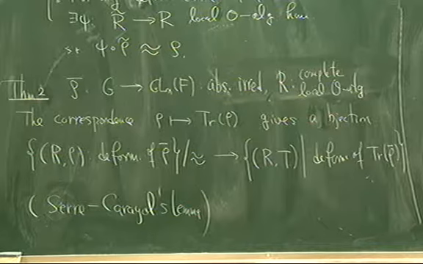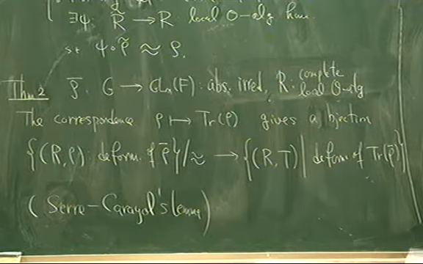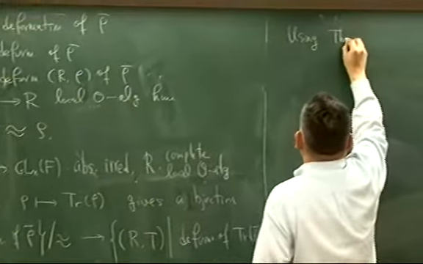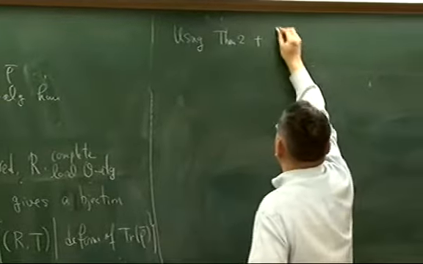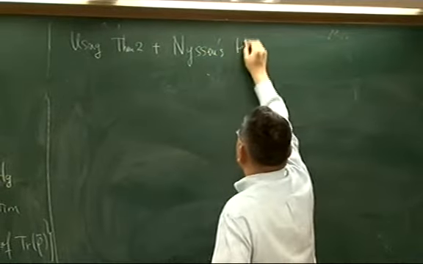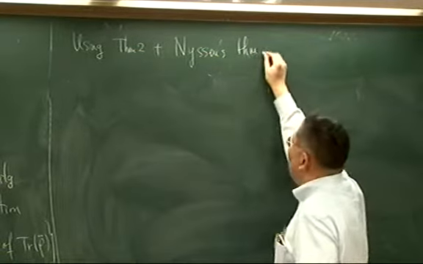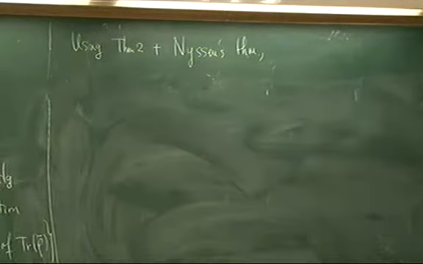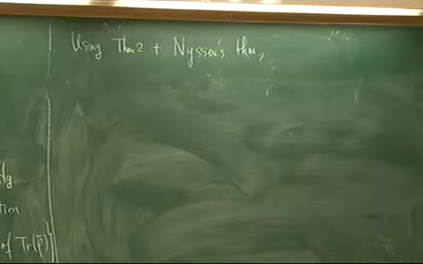Then using this theorem plus the so-called Nyssen theorem. Here we need the completeness assumption to apply Nyssen's theorem, but I don't like the Nyssen theorem.